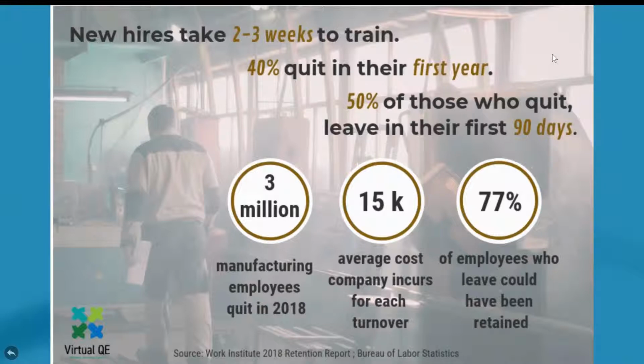The stats at the bottom half of the screen are for North America, specific for manufacturing. What's important to note here is that 3 million people walked away from their job in 2018. Of those 3 million people, 77% of them, including the ones that retired now, said that their employers could have retained them.